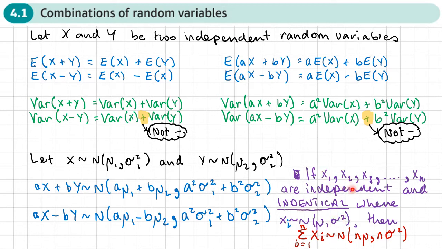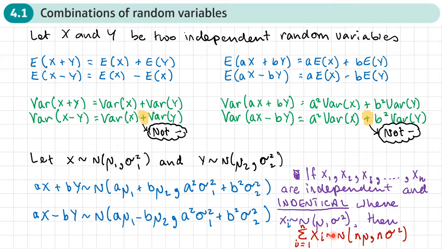So we've got all of these random variables, they're identical in their distributions, their mean and their variances. Then if I add together all of my random variables, these identical random variables, which is what this means here.